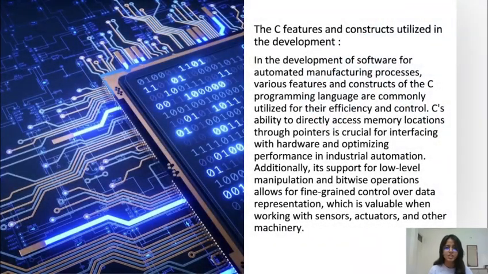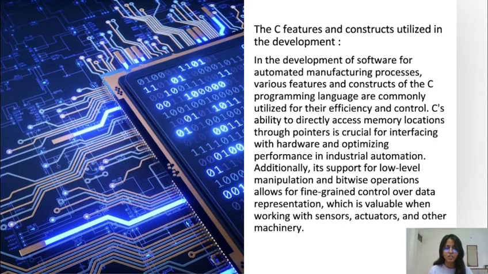The C features and constructs utilized in the development. In the development of software for automated manufacturing process, various features and constructs of the C programming language are commonly utilized for their efficiency and control.